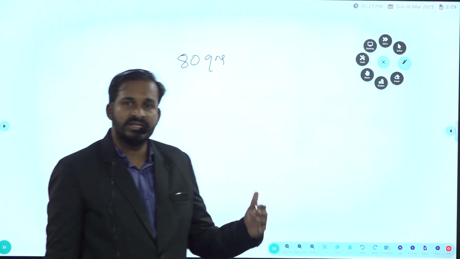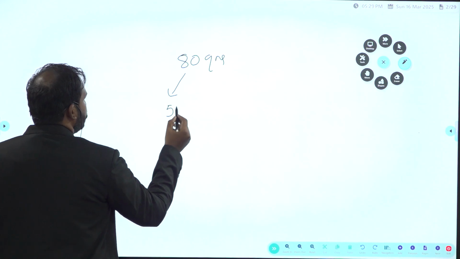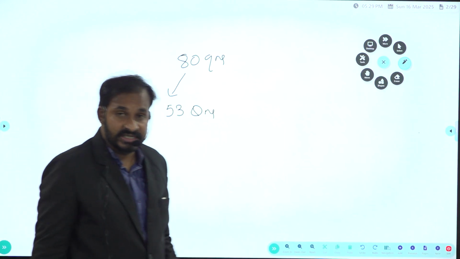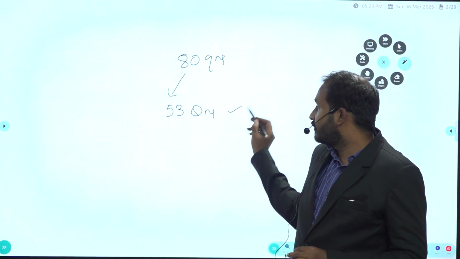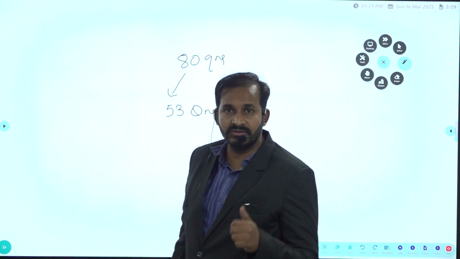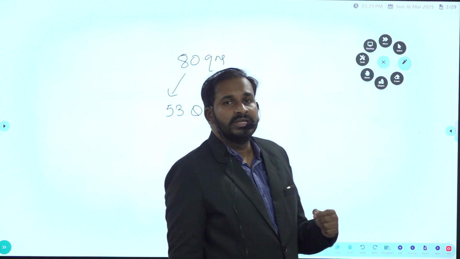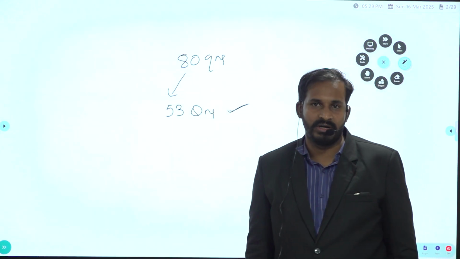If you observe the last 3 years' papers, they are asking exactly 53 questions every year from quant and reasoning, and only 27 questions from reading comprehension. So this 53 questions is very important for us.